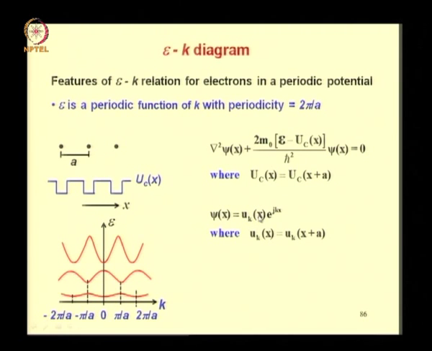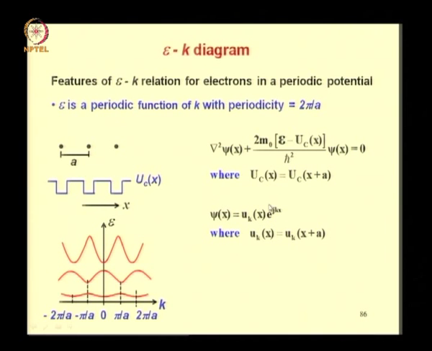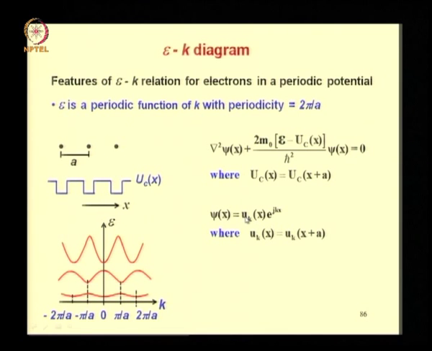For a free electron you recall that the solution was just e to the power j k x. Here the periodic potential is multiplying this e to the power j k x with an envelope function which also is periodic with a period a, like the crystal potential.